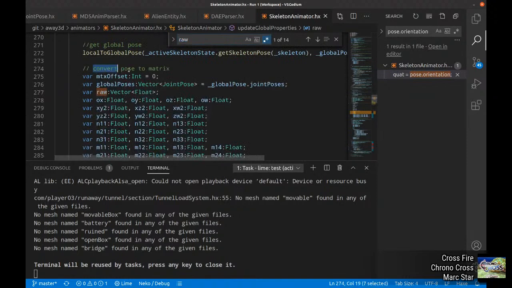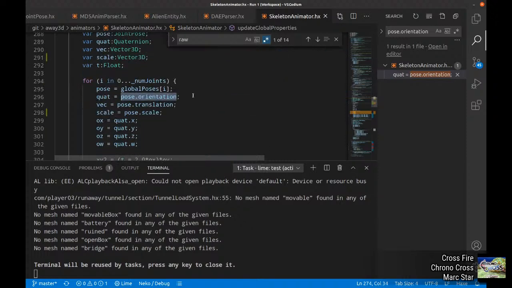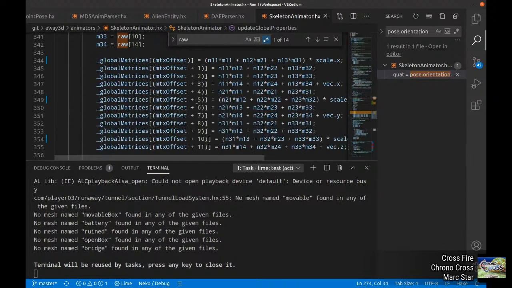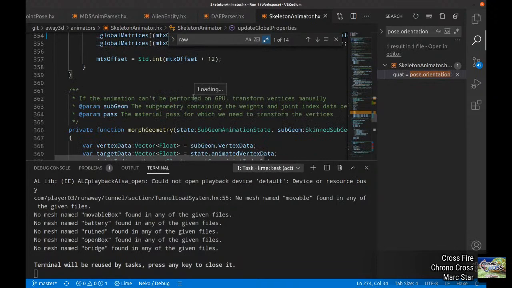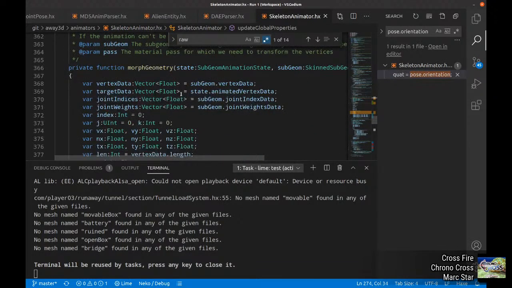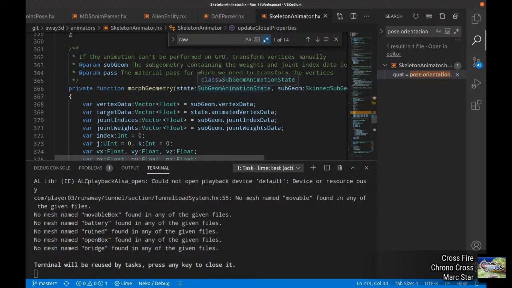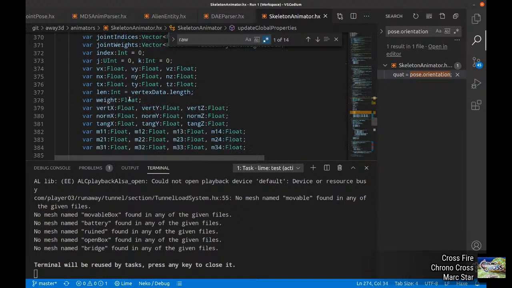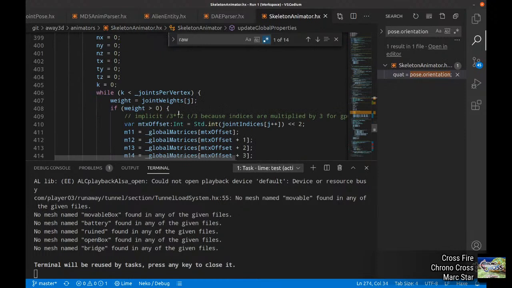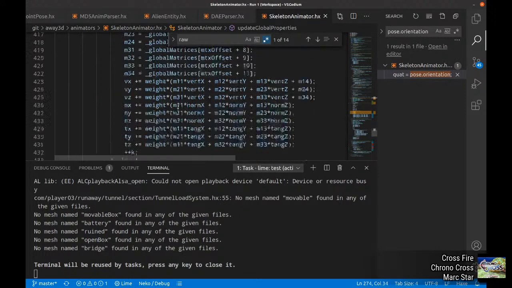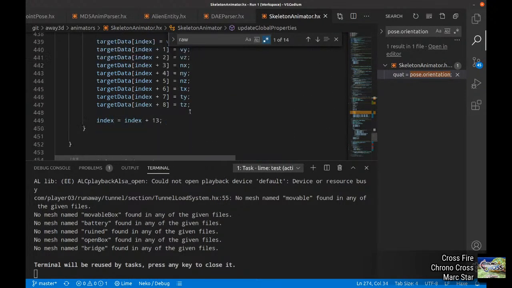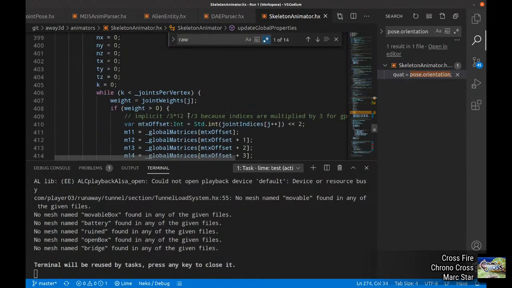So it says this is about converting the pose to a matrix. Well, conveniently, it already is. So that may help speed things up. Oh yeah, this function I hope to never have to call, because it'll be slow.